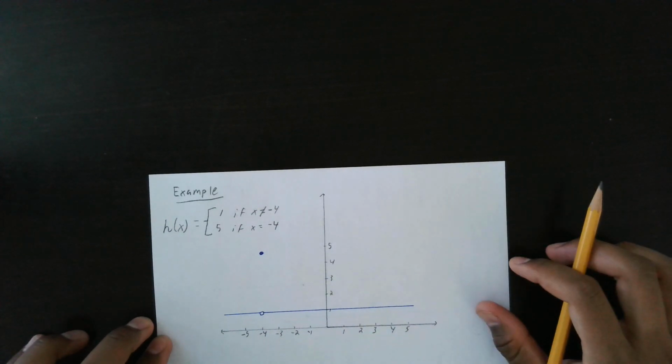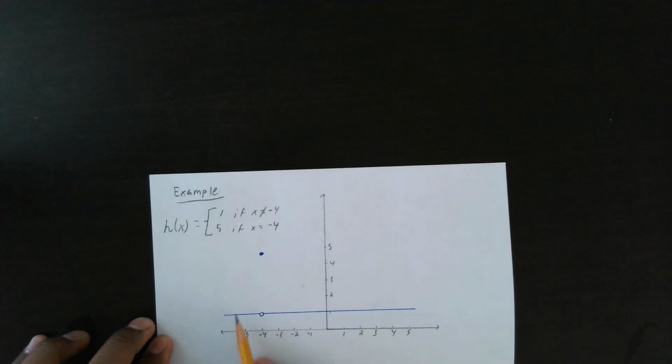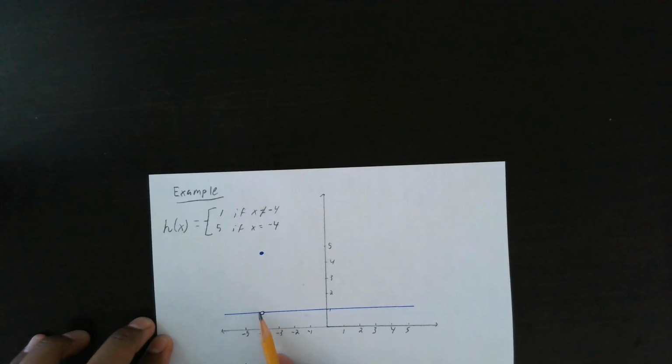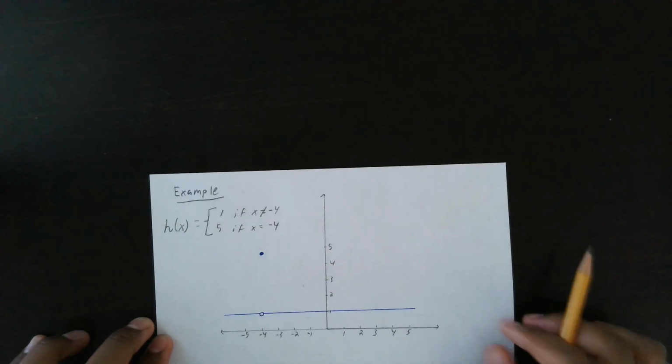So let me ask you, what is the limit as x approaches -4 from the left side? As we come in from this way, we have 1 as our y value, always.